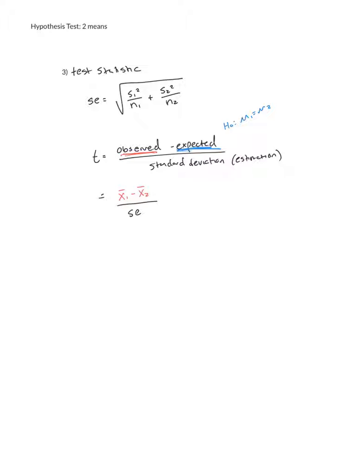After I do step 3, I'm on to step 4. Step 4 for every hypothesis test is always going to be my p-value. And remember, when I'm using a t-table, I don't worry about drawing my bell curve or anything. I find my degrees of freedom row on my make-believe t-table here.